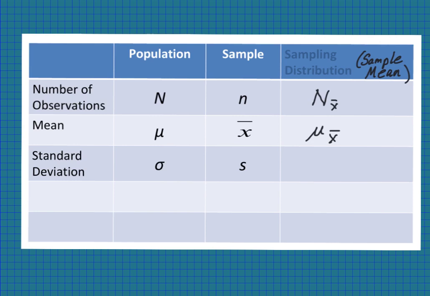The standard deviation of the sampling distribution of the sample mean is sigma sub x bar. However, because this is statistics, we can't just call that the standard deviation of the sampling distribution. We call it the standard error of the mean.